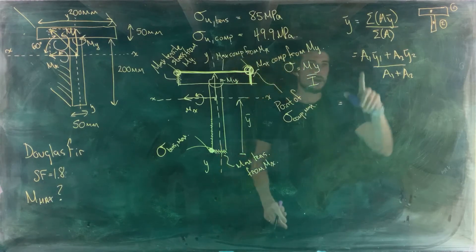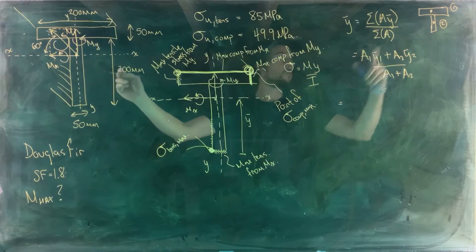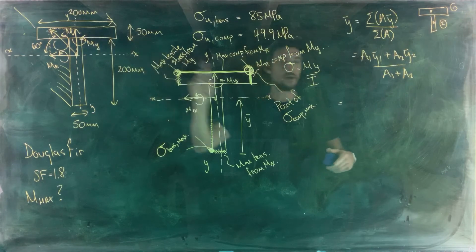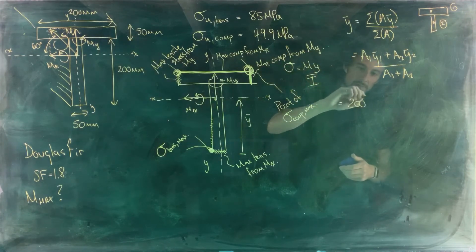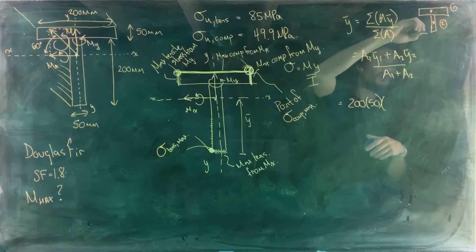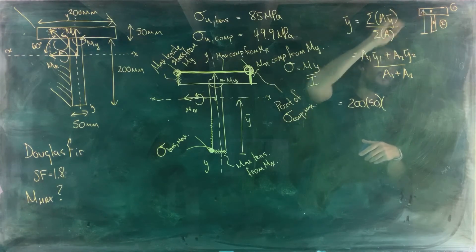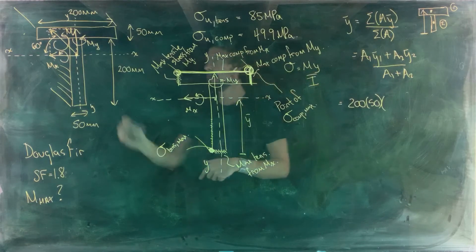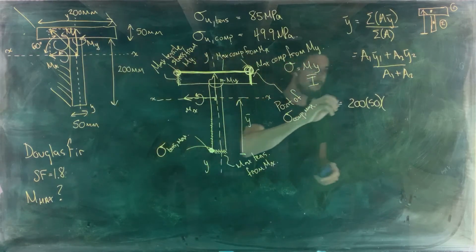So A1, I called 1 the top piece, 200 by 50, and its centroid location relative to the datum that I'm taking to be the base is 225.